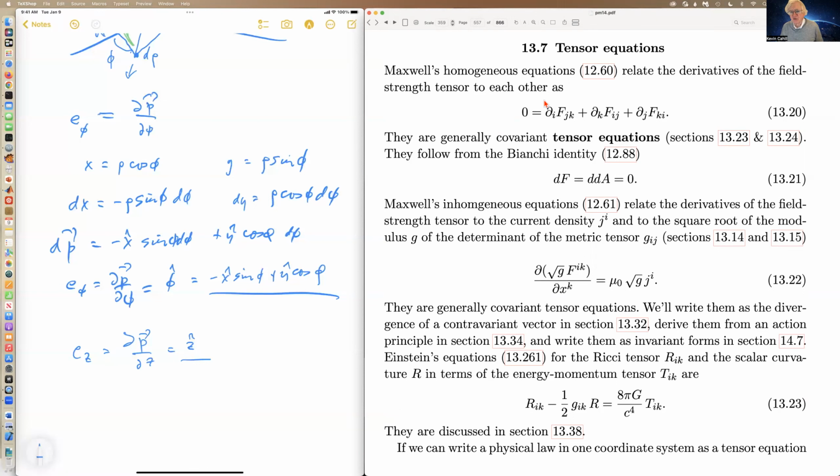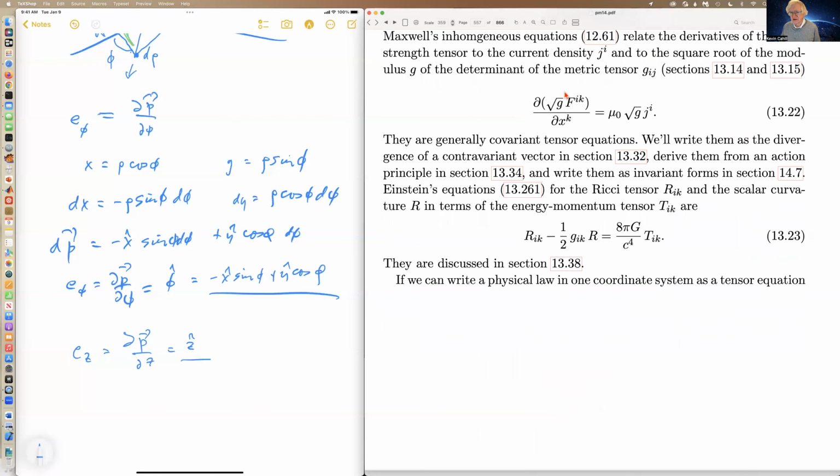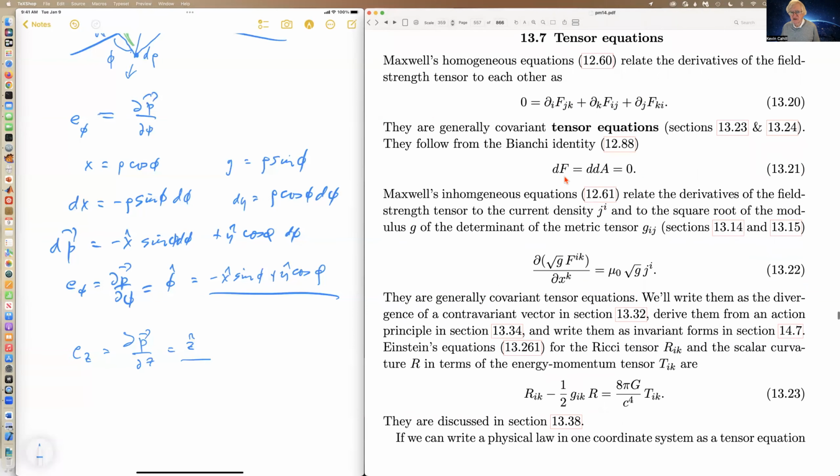And so, for example, Maxwell's homogeneous equations are tensor equations. You might say, well, this is the derivative of a tensor of rank 2, maybe it's not covariant. And in fact, it is, because F is anti-symmetric. F_jk is minus F_kj. And so these are generally invariant tensor equations. So these are the homogeneous equations.